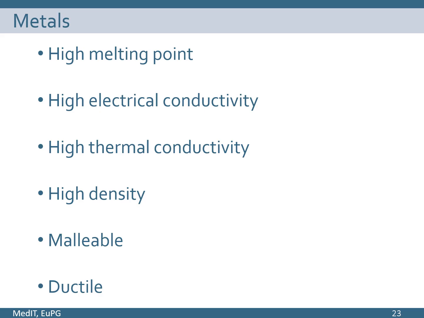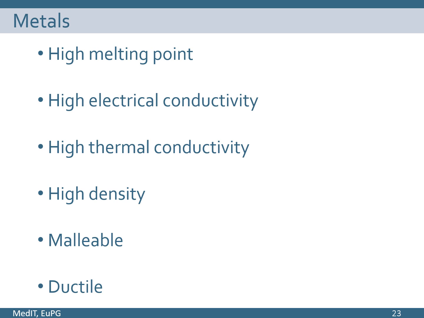Why are they very good thermal conductors? Why do they have high density? Why are they malleable and ductile? But well, since this course is online and in blended learning, I will pose the questions and wait about 10 seconds before giving the answer to give you some time to think.